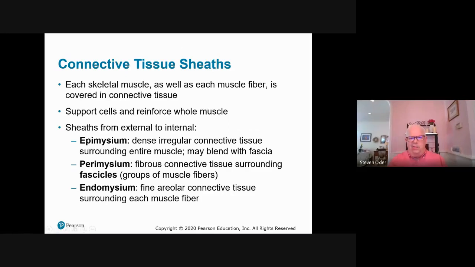This one is on the outside. This one is in the middle. And each muscle fiber is surrounded by a connective tissue called the endomysium. So know the difference between epi, peri, and endomysium.